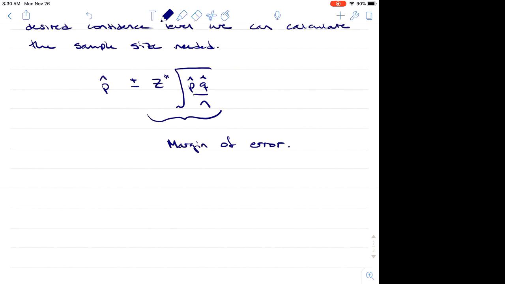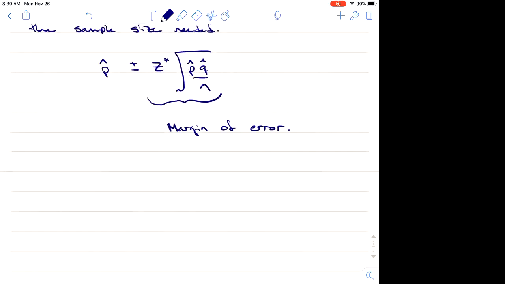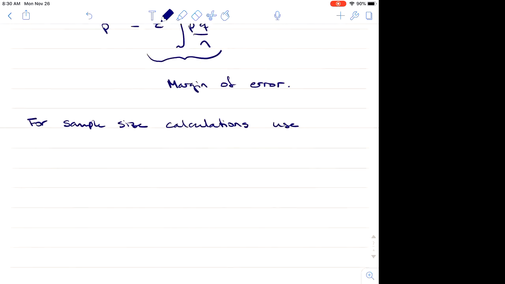The tricky part is that p hat comes from the sample. We haven't collected a sample yet. We don't even know what sample size we need. And so for sample size calculations, I'm just going to give you the formula.